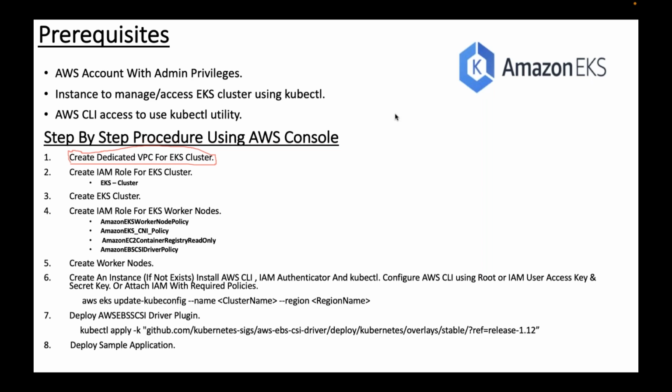Why network security? Because the default VPC, it is not about ports. In the default VPC also you can open whatever ports you want to open. Nothing will stop you from opening only the ports which are required.